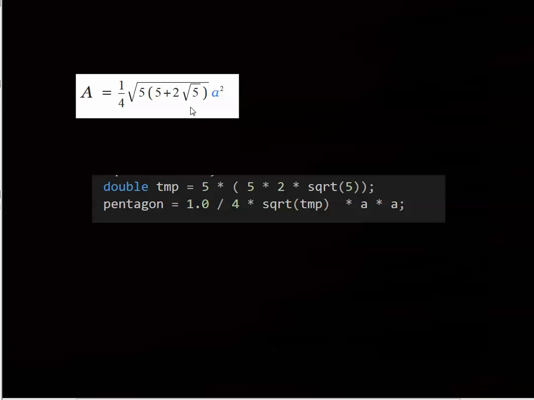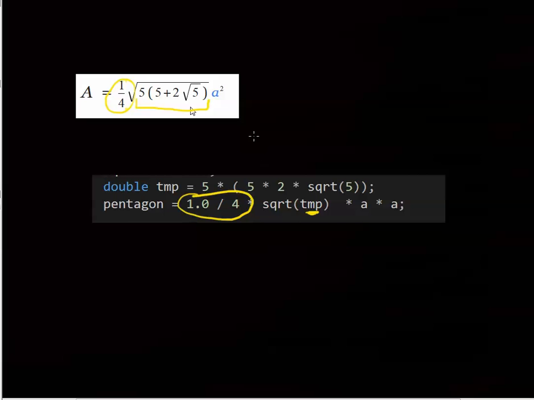So looking at the equation, the first part that I would be concerned with was this 1 over 4. We've already checked that out. We've already kind of confirmed that we've converted that to doubles, so that is good. The complicated part of this formula is certainly the interior of the square root. So I probably want to check out how I calculate a temp.